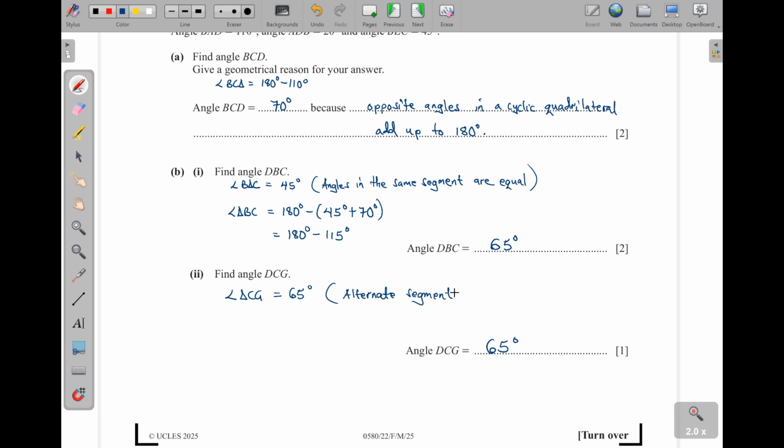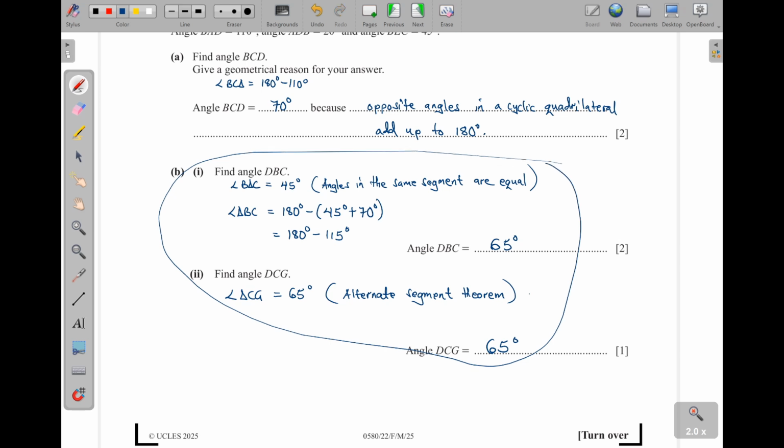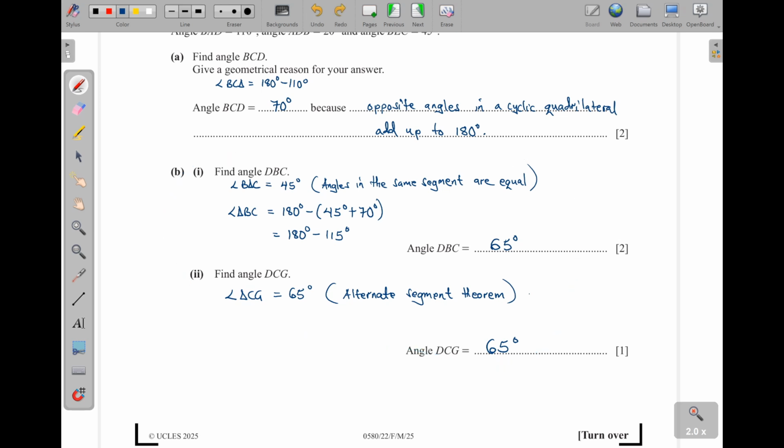So I'm going to write all these geometrical reasons such that you know where the answers come from. Here they just told us to give the geometrical reason. Here they didn't ask us, but you need to have these geometrical reasons to be in position to answer.